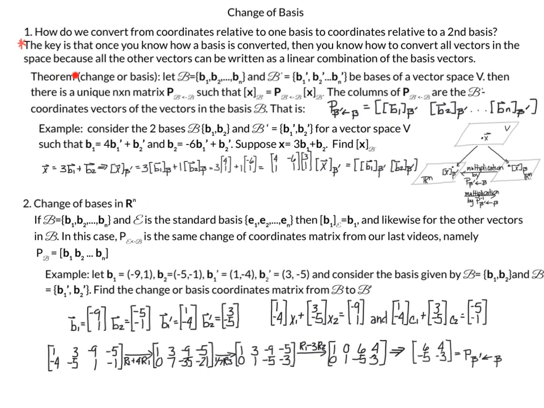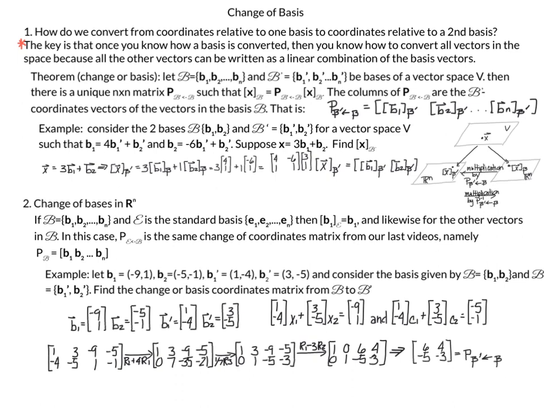And we have this first theorem, the change of basis theorem, and it says if we have a basis B, which has n vectors b1 through bn, and then we have a second basis B prime, which also has n vectors, because once you have a basis, they all have the same number of vectors: b1 prime, b2 prime, up to bn prime.